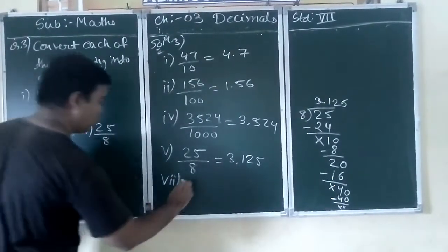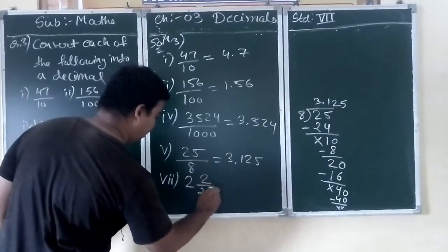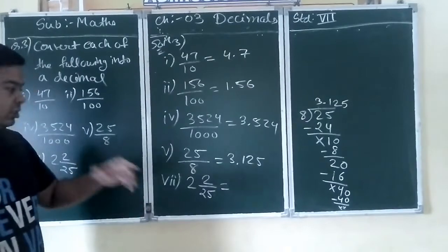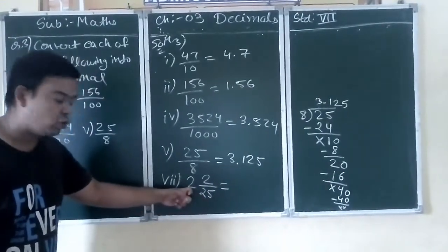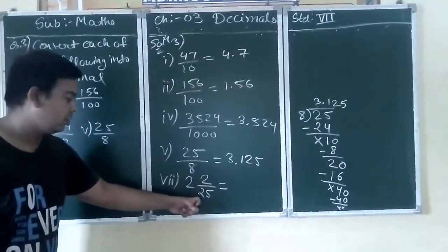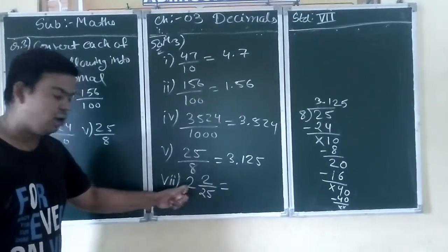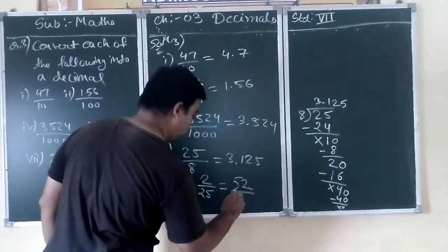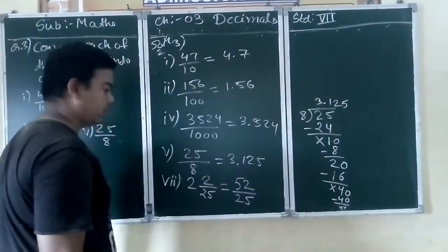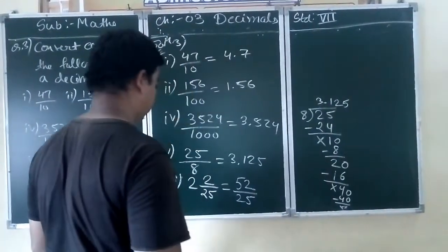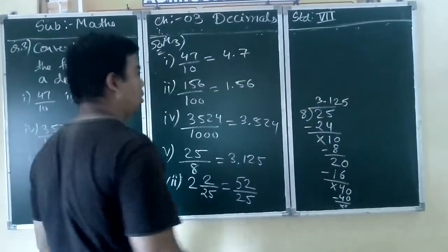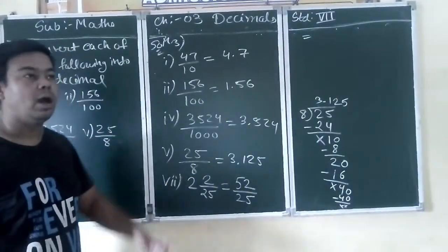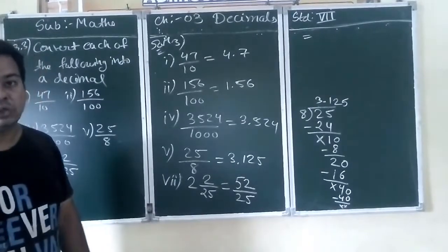Question 7. 2 by 25. Under this, first change the mixed fraction into an improper fraction. 25 into 2 is 50, plus 2, 52 by 25. But here 25, if you multiply by 4, you change into 100.